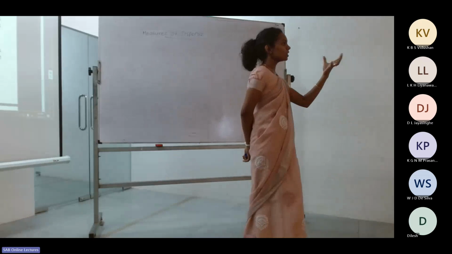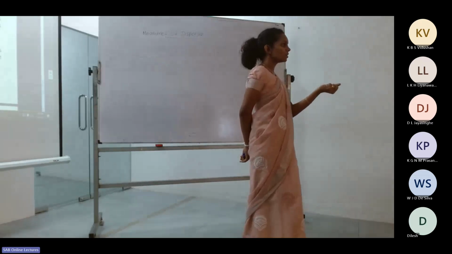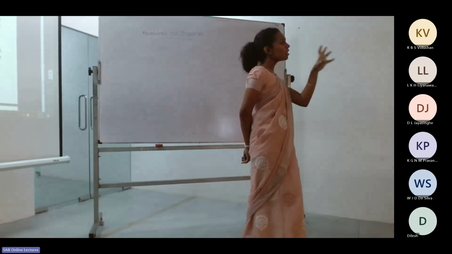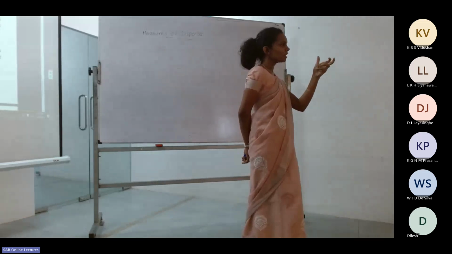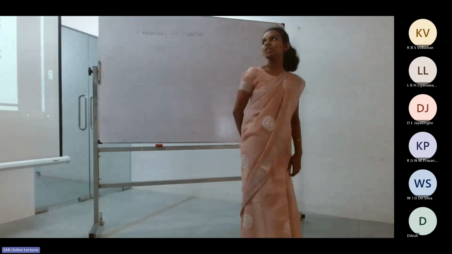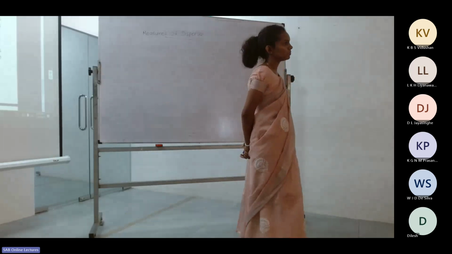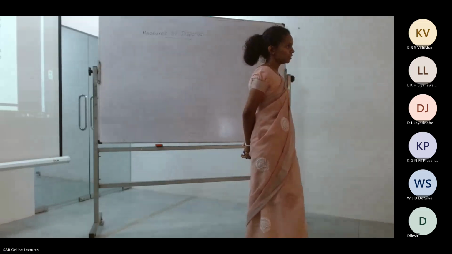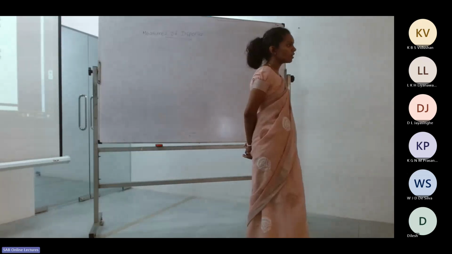Using the measures of dispersion, we find out the variation. Then we take the coefficient value. Coefficient means a standard value we take for the variation. It's clear? That one we call the CV value, the coefficient of variation.